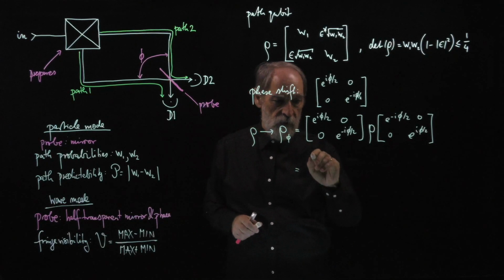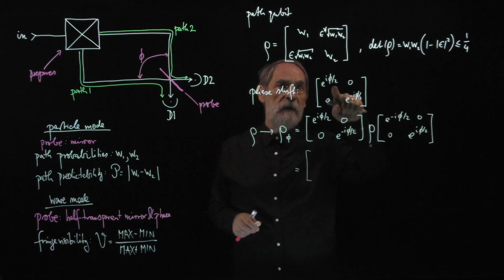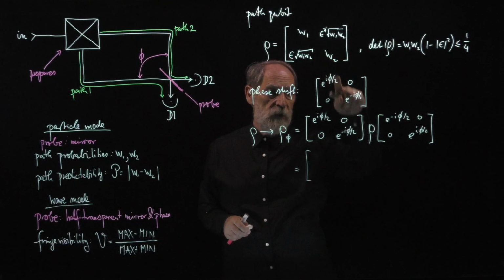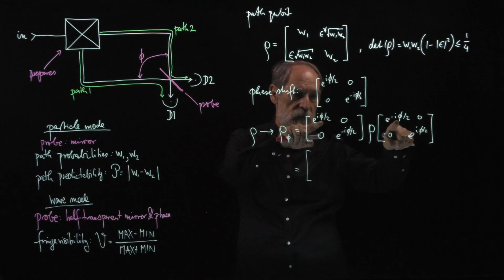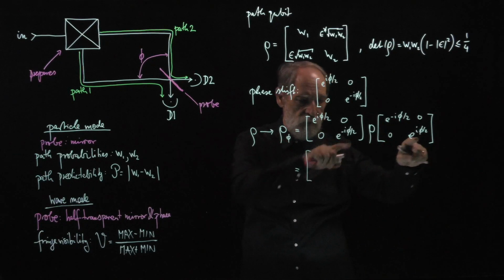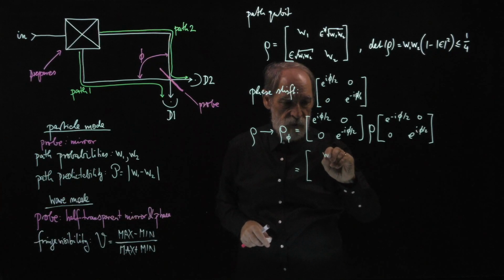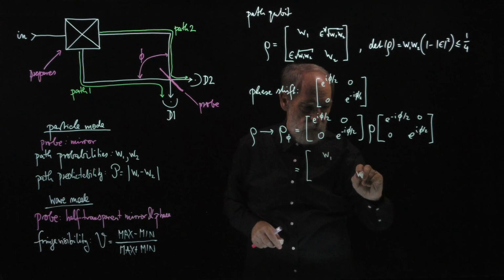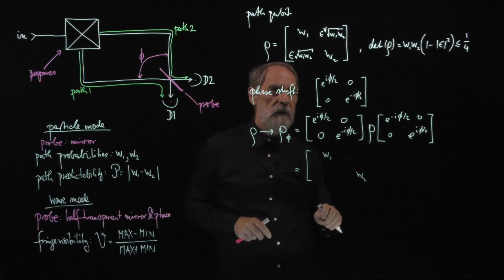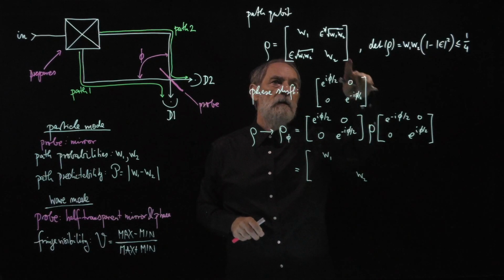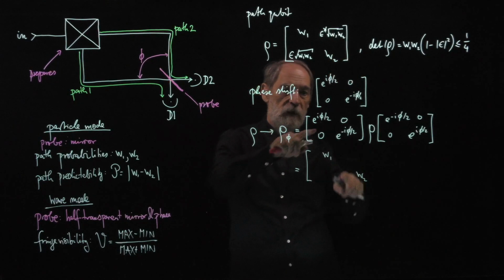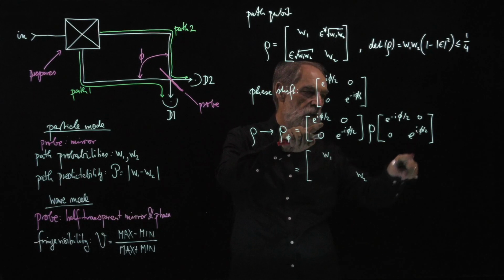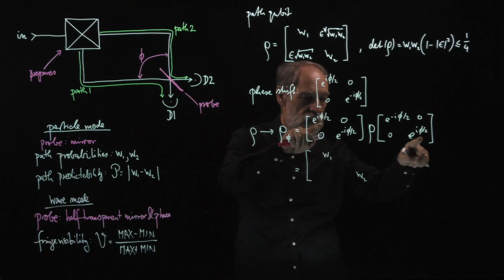So we get no effect on the diagonal matrix elements, because for the diagonal matrix elements I'm getting these two phase factors that compensate for each other. So it's W1 and W2 on the diagonal matrix elements. But this off-diagonal matrix element will get a phase e to the i phi half from here and another phase of e to the i phi half from here.